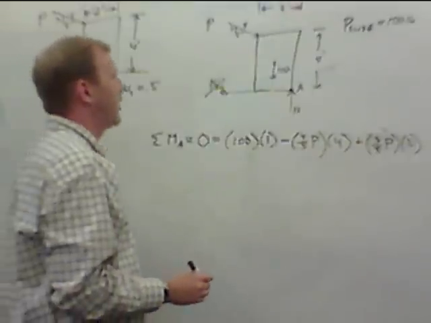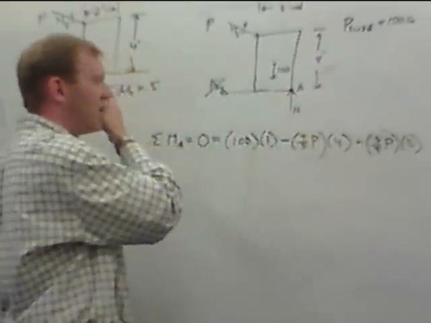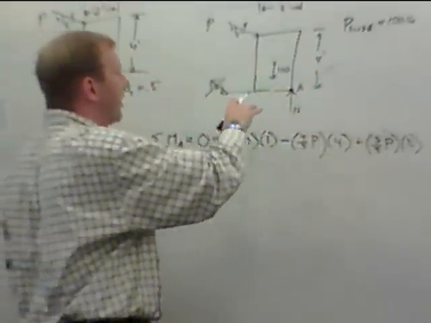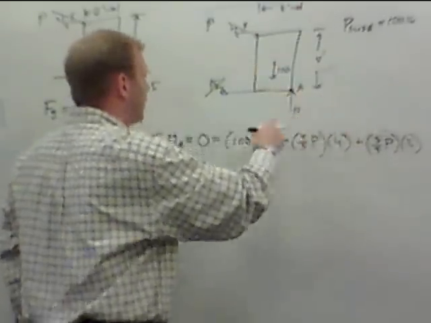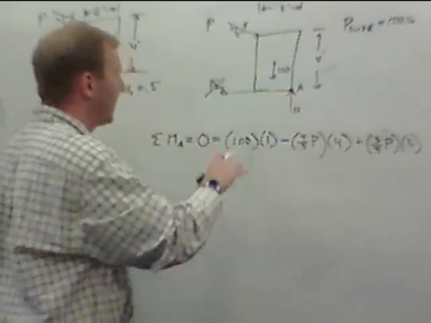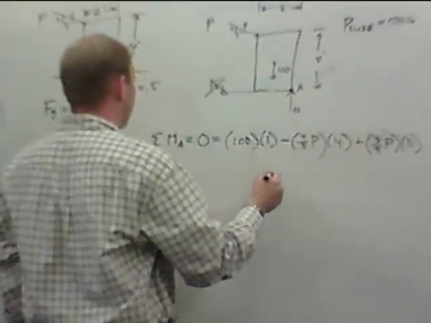It's going to give us the value of P that's going to have it on the verge of tipping over. Again, impending tipping is the formal phrasing.